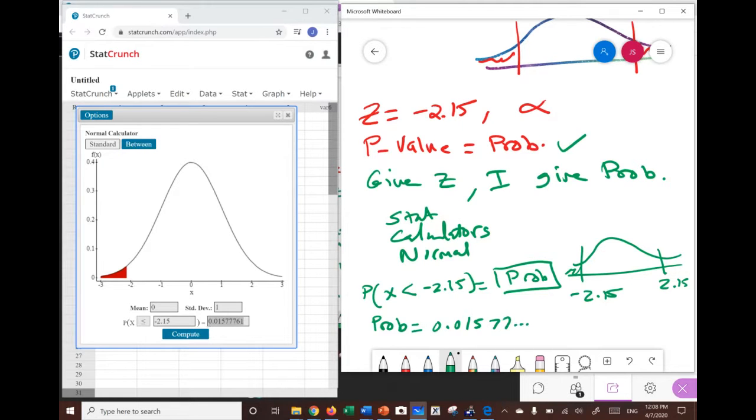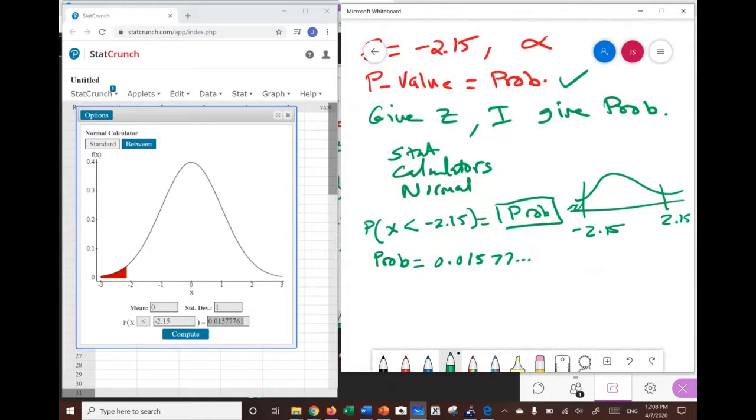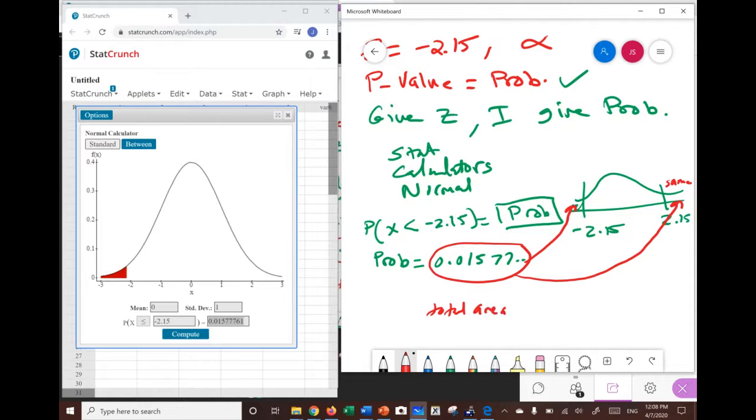0.01577. And again, notice, because this is a two-tail test, we know that this area is equal to that. With symmetry, this area also is equal to the same. So if you want to find the total area, it's going to be 2 times 0.01577.